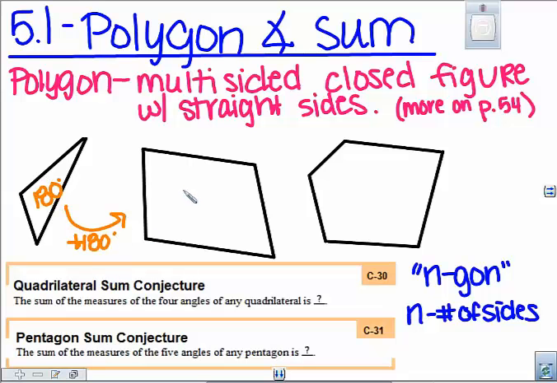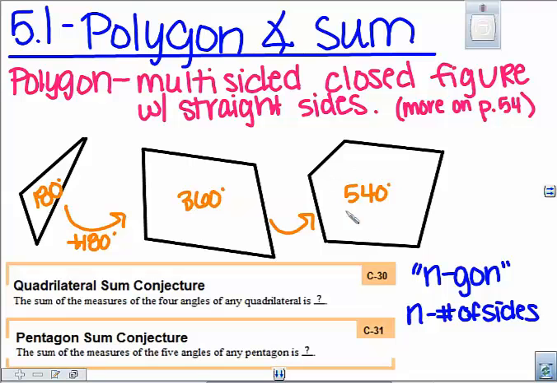So a 4-sided figure would total 360 degrees. If we continue this pattern, a 5-sided figure, or a pentagon, is going to have 540 degrees. This does not necessarily mean that these angles are all equal. They're not each 540.